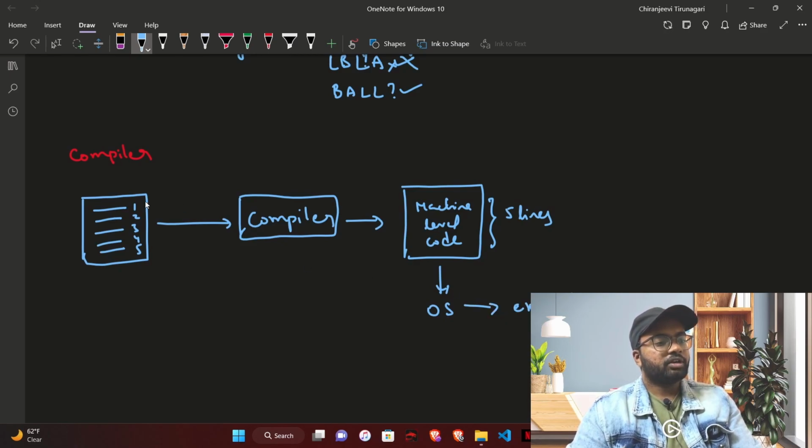So basically, whatever code you have written in a file, while compiling, all the lines are converted into machine level code at a time, and each line is executed by the OS.